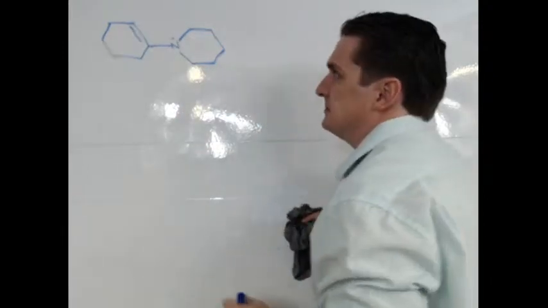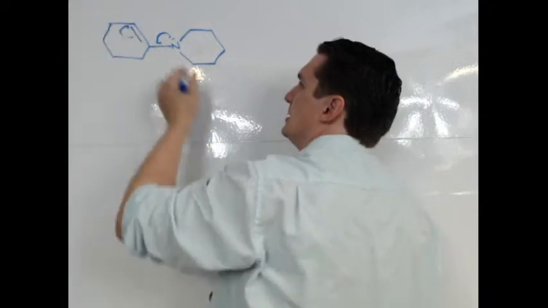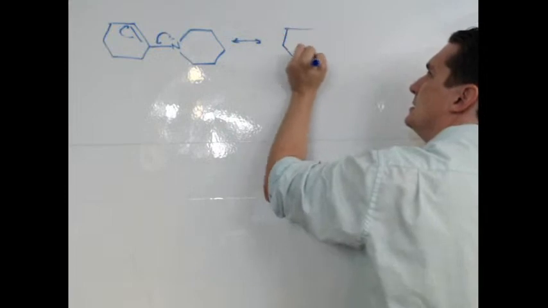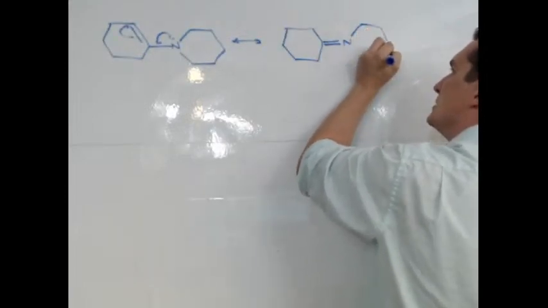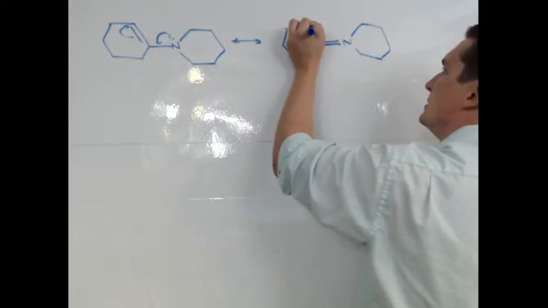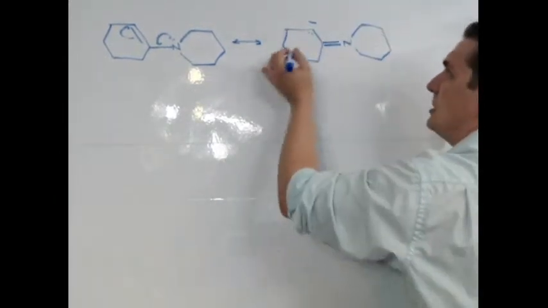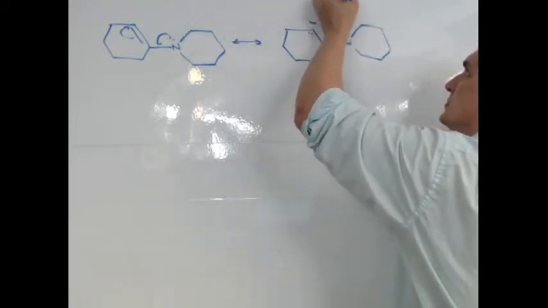So, first step. Nitrogen is going to form a double bond, kick up this lone pair, and we're going to get a short-lived resonance structure. It looks like this. This anion carbon here is going to attack our chlorobenzene.